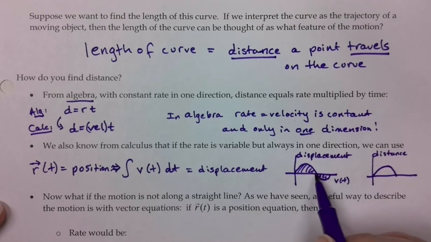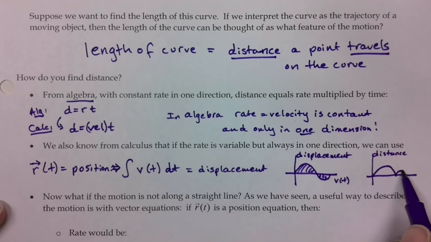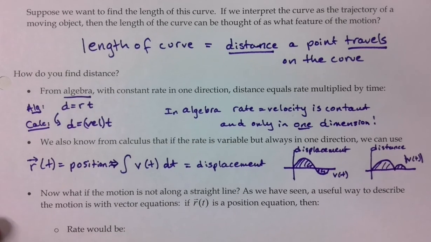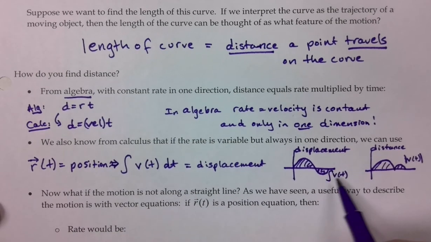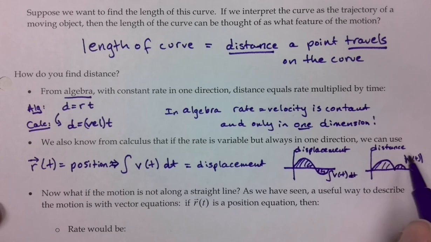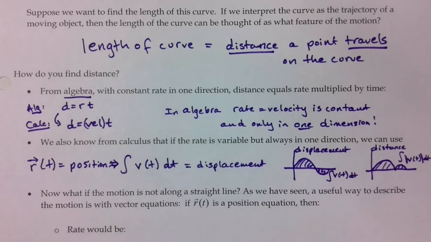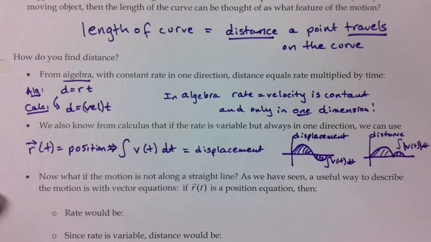The first part's the same, but you take the absolute value of v of t, and you take the integral of that absolute value. So displacement is the integral of velocity. Distance is the integral of the absolute value of velocity, right? We should have learned all of that in Calc 1 at some point.